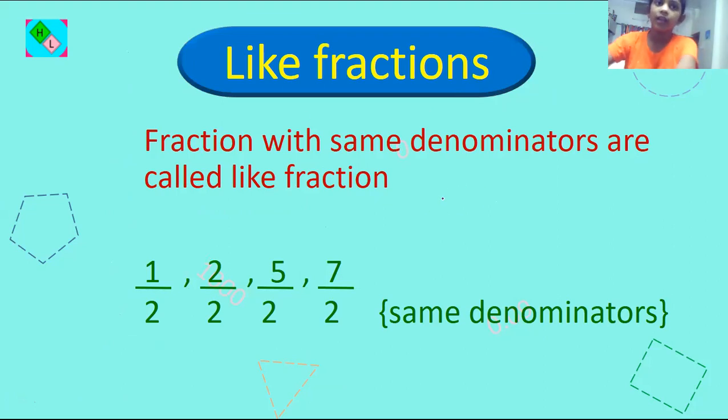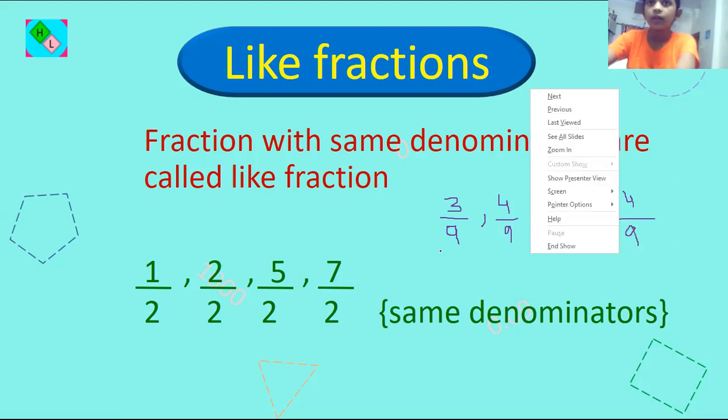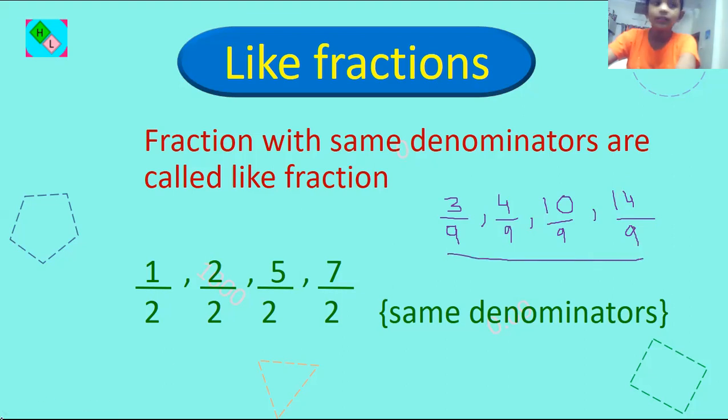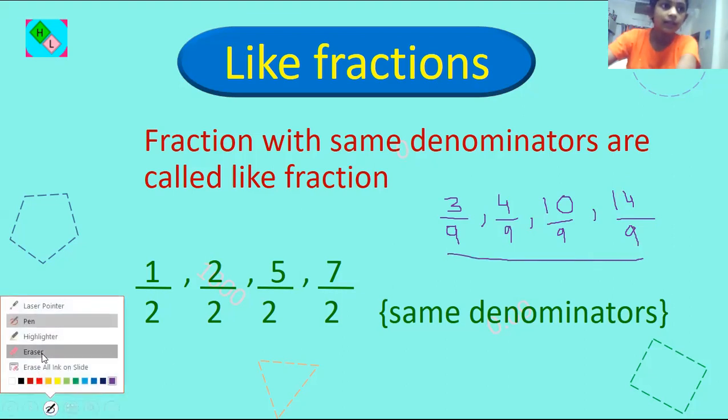There are many fractions like 3/9, 4/9, 10/9, 14/9, and so on. But in this, you need the same denominators. Let me explain with another color.